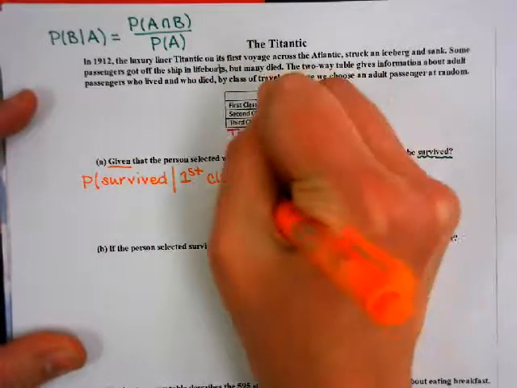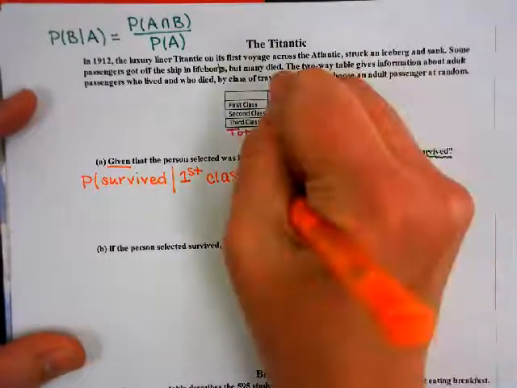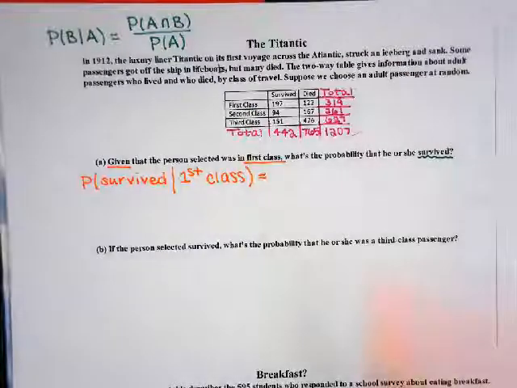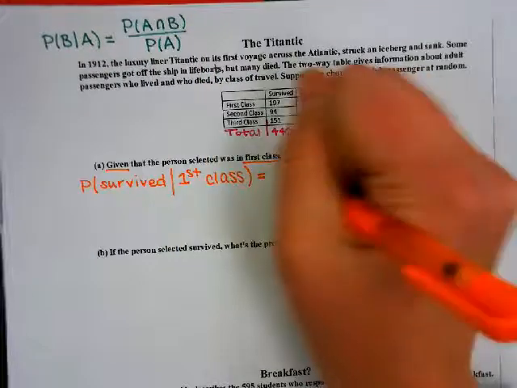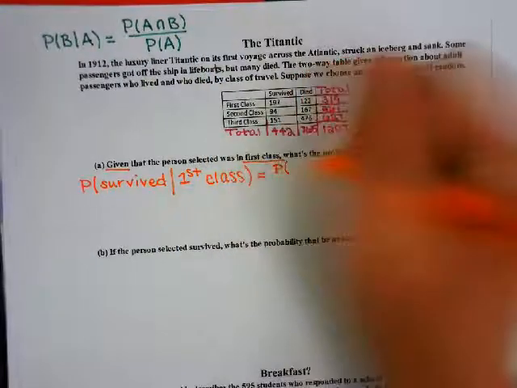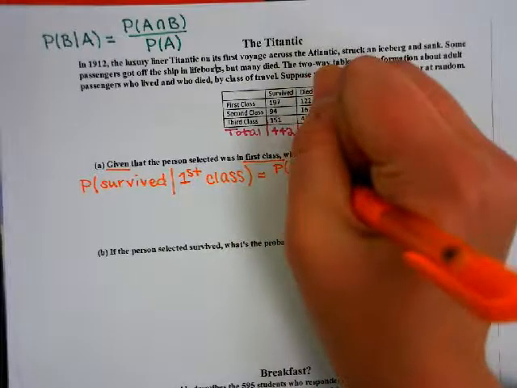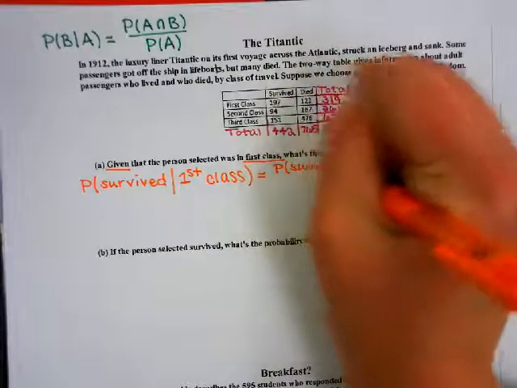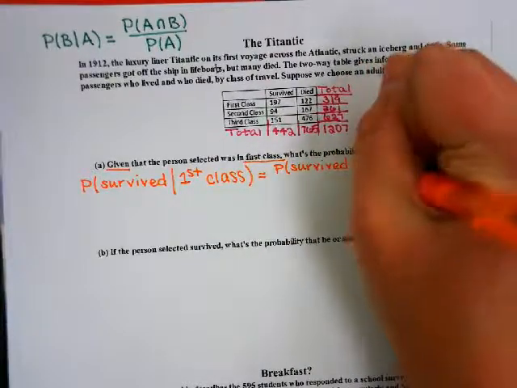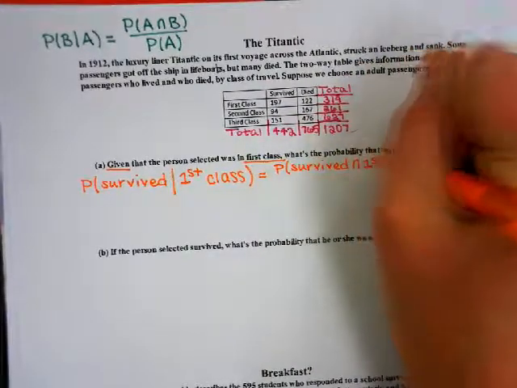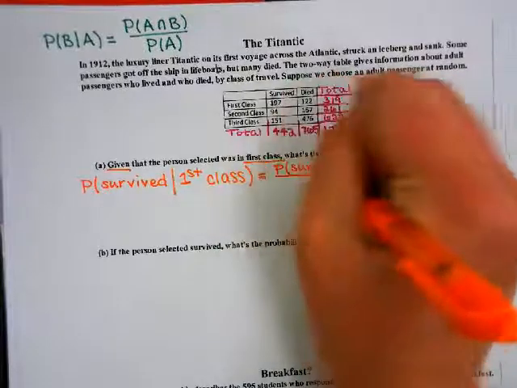And use our rule up here: the probability they survived and were in first class divided by the probability they were in first class.